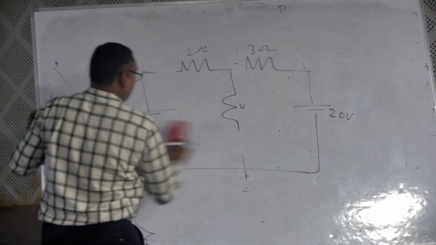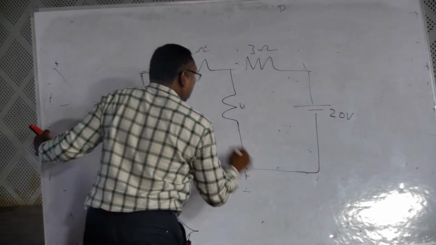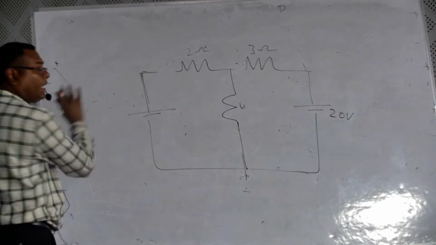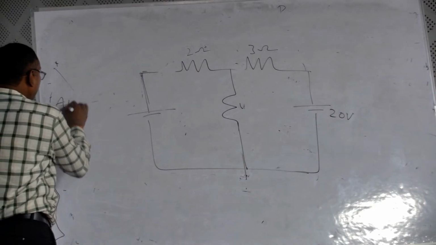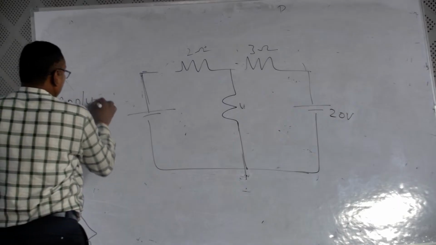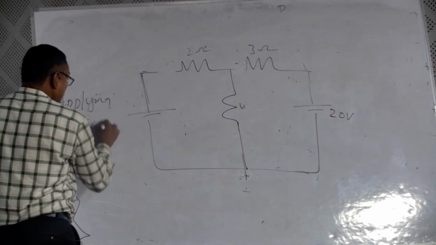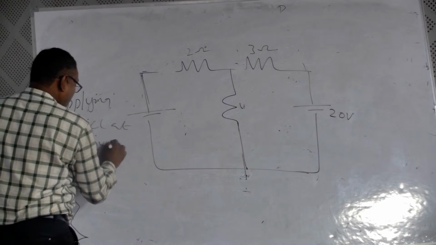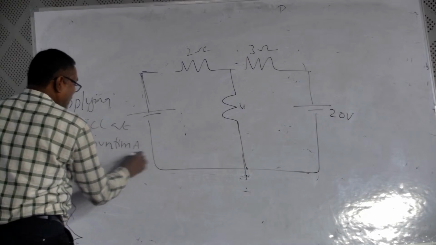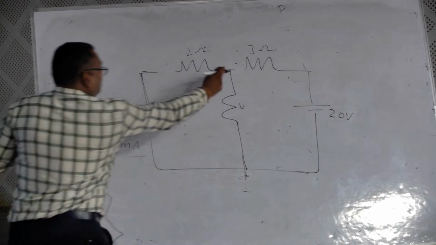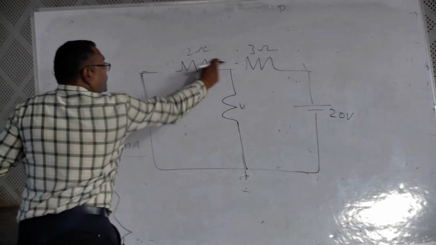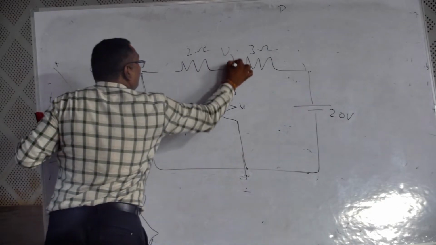Now apply direct practice. KCL at junction A, direct practice, series 1: away, always away, higher potential to lower potential.